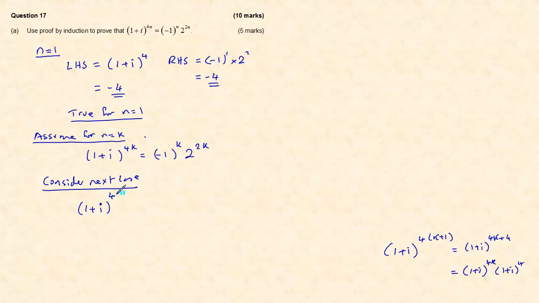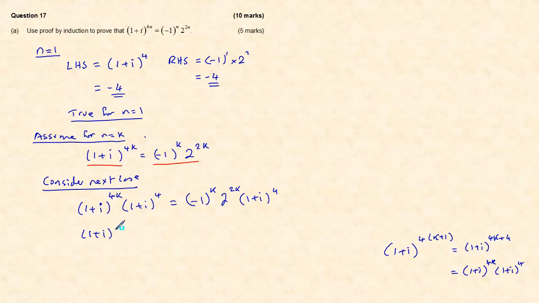So (1 + i)^(4k) times (1 + i)^4 is equal to (-1)^k times 2^(2k) times (1 + i)^4. And the whole idea is that we've assumed this is true, and all I've done is multiply both sides by the same thing. So this must be true.